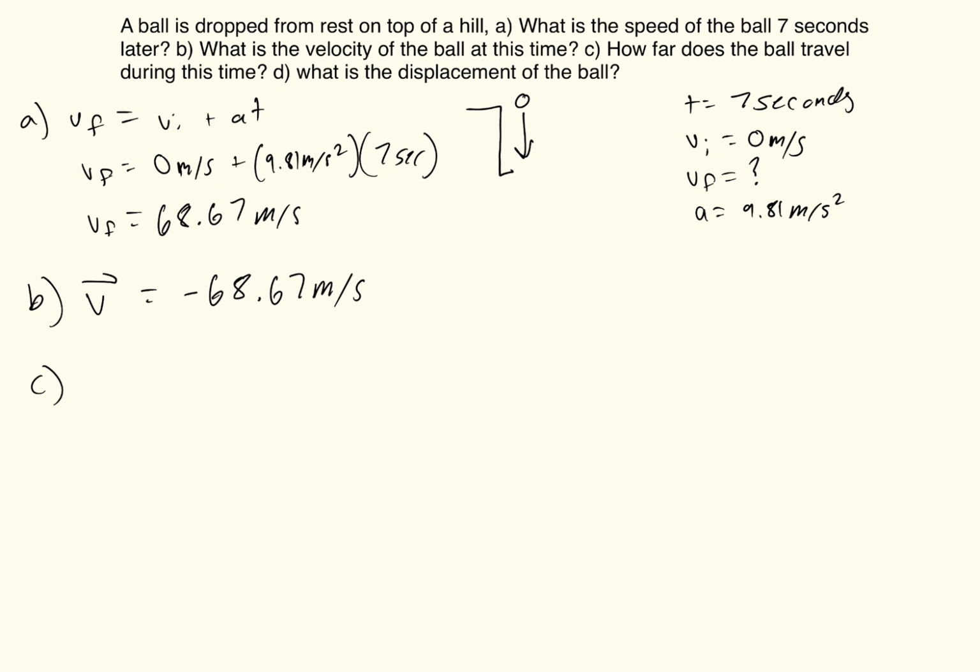Now, let's try to get the distance. So the formula to get the distance is Vf squared is equal to Vi squared plus 2AD.